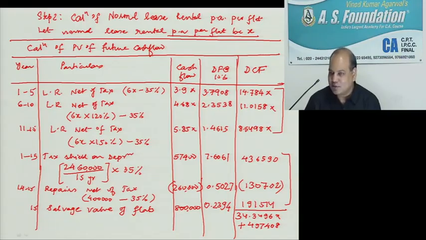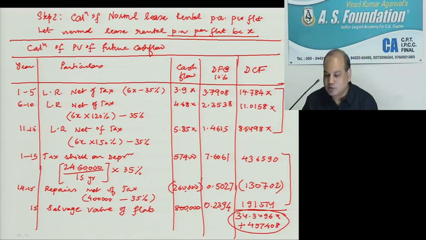This is for 6 flats. Now those who have done like this, take this number and write is equal to 24 lakh 60,000. Is it right? Below this table, in order to earn 10% rate of return, PV of cash inflow is equal to PV of cash outflow.